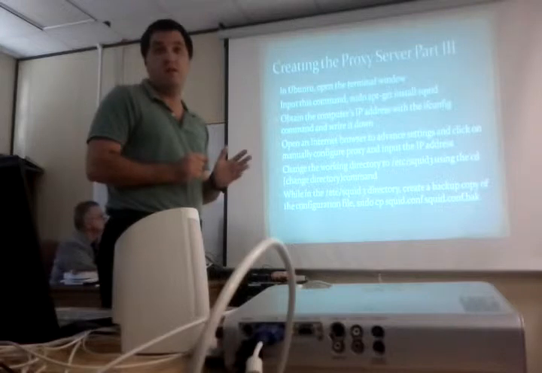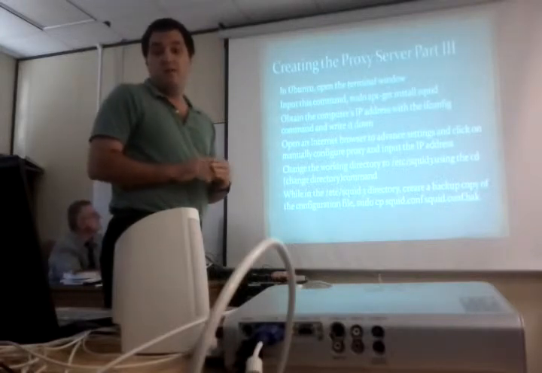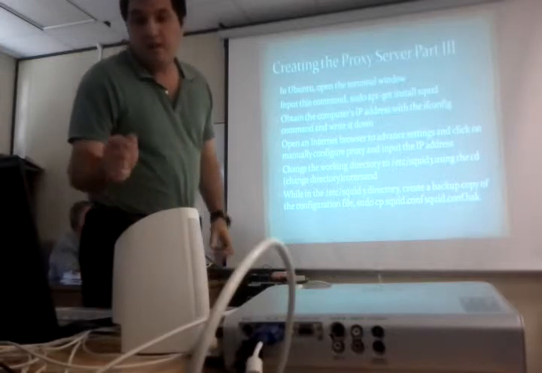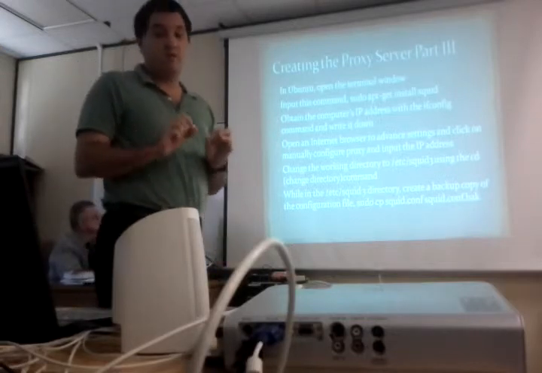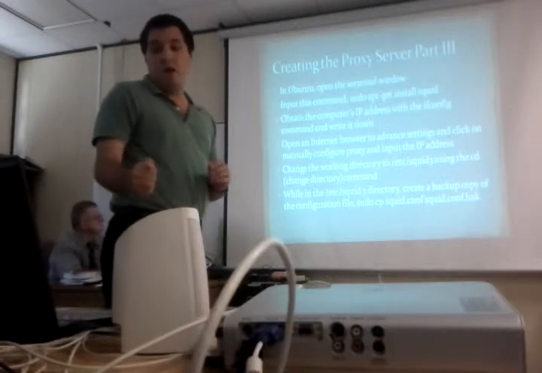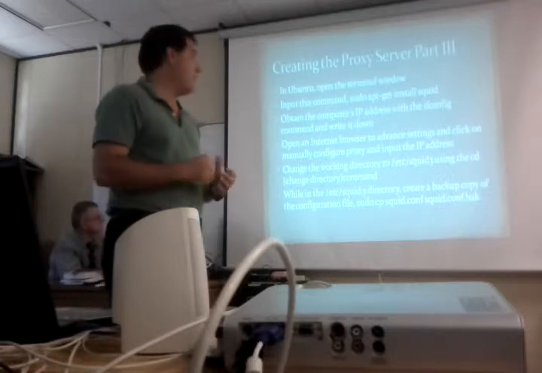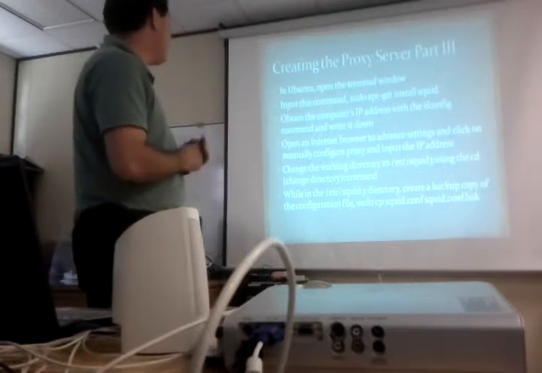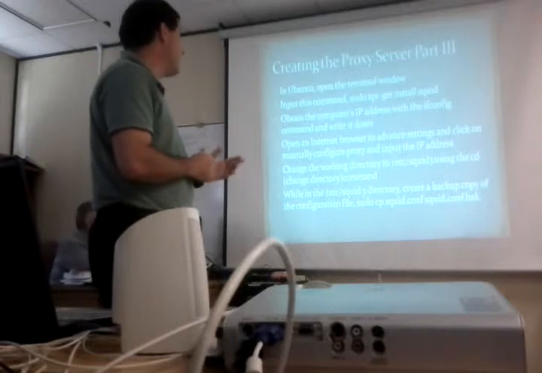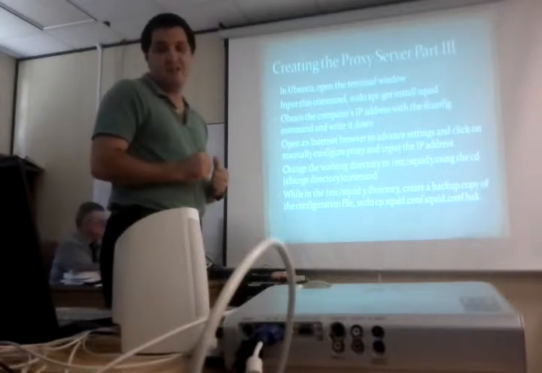In Windows, it's ipconfig /all. And after we got the IP address, we wrote it down, and then we opened Firefox, the internet browser, and then went to the advanced settings and manually configured the proxy server and input the IP address.